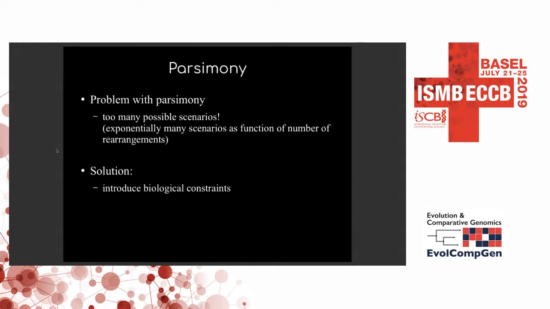If we're only considering parsimony, there are many possible scenarios to transform one genome into the other. There are many possible arrangements of breakpoints. And in fact, there are exponentially many parsimonious scenarios to transform one genome into the other. And what we need is biological constraints in order to move this along.